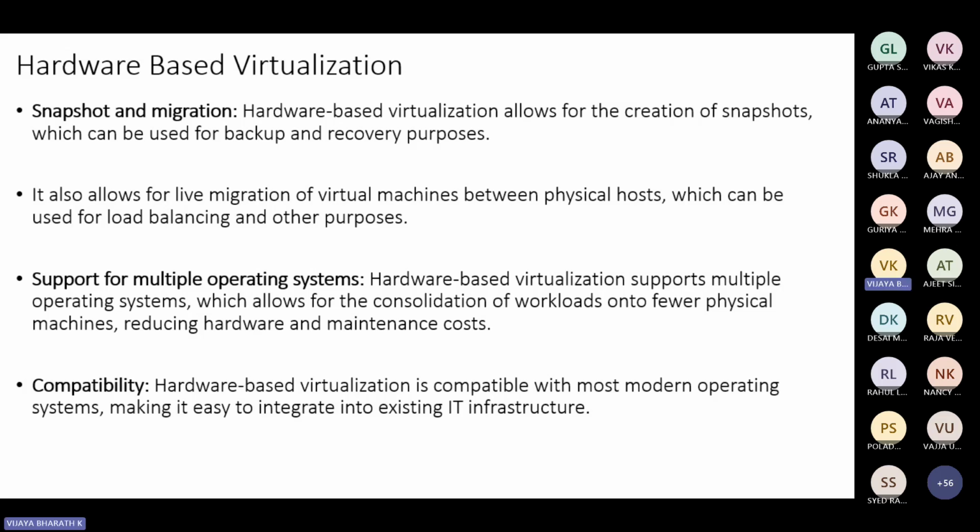Next is compatibility. Hardware-based virtualization is compatible with most of the modern operating systems, say Windows, even Mac can also be virtualized, and you can integrate it with the existing IT infrastructure.